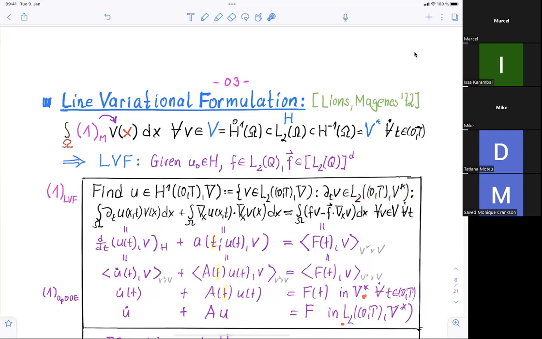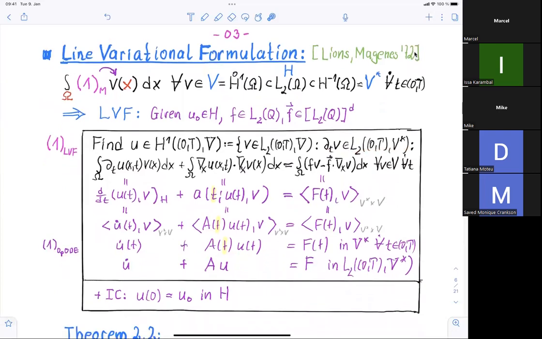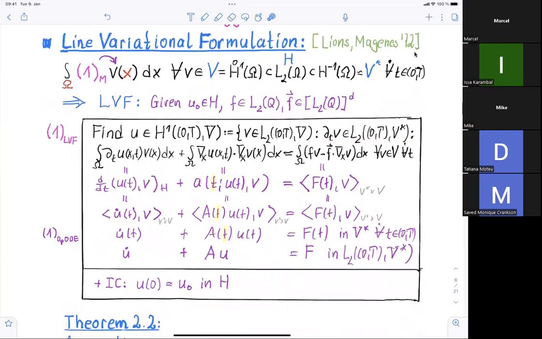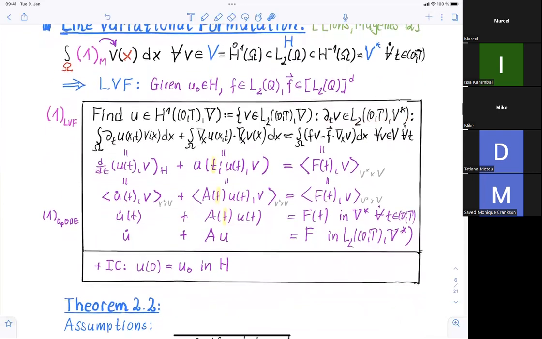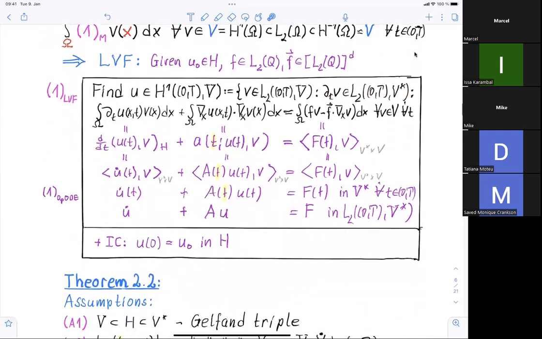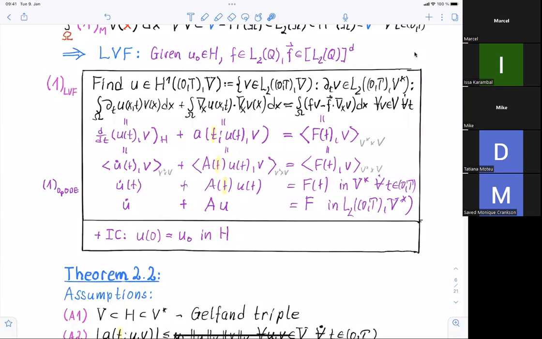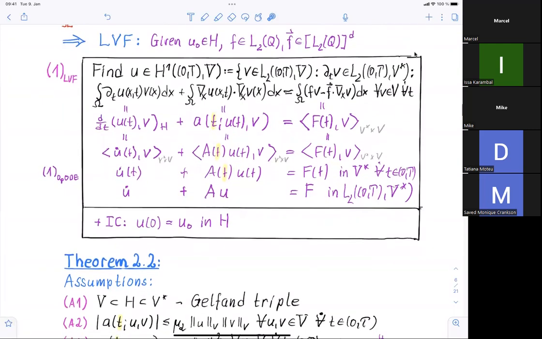Or if I take this space, I have an operator ODE in the space L2(0,T; V star). And you can add an initial condition in L2, H is L2. So you see already here a very general framework that can be used. Even this operator can be nonlinear. You can investigate and derive results with the technique that I show.